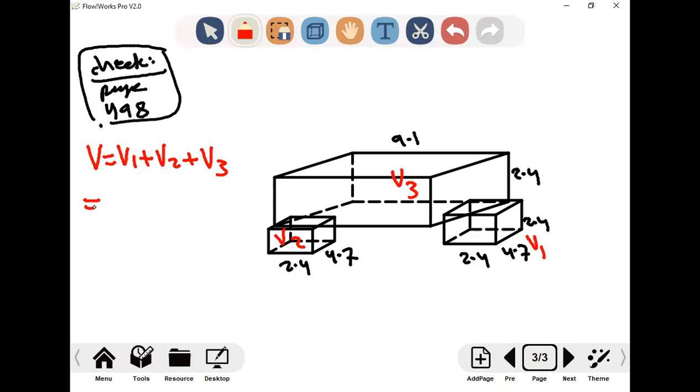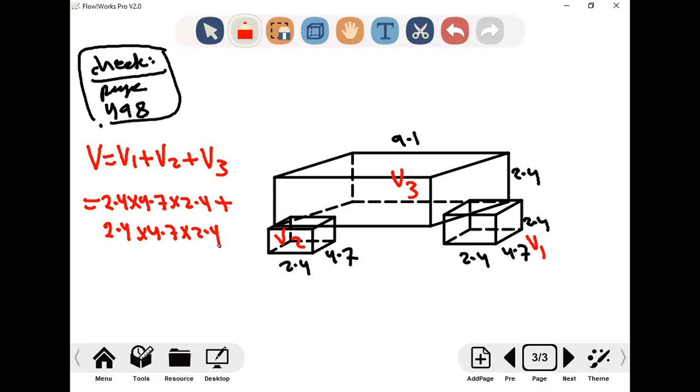V1, length by width by height, means 2.4 multiply 4.7 multiply 2.4, plus V2, the other one, same: 2.4 multiply 4.7 multiply 2.4. Notice that here we have the same volumes, right? So you can write 2 multiply one of them.